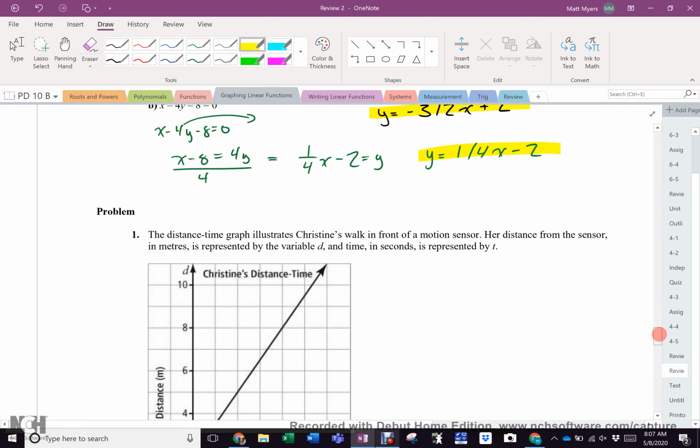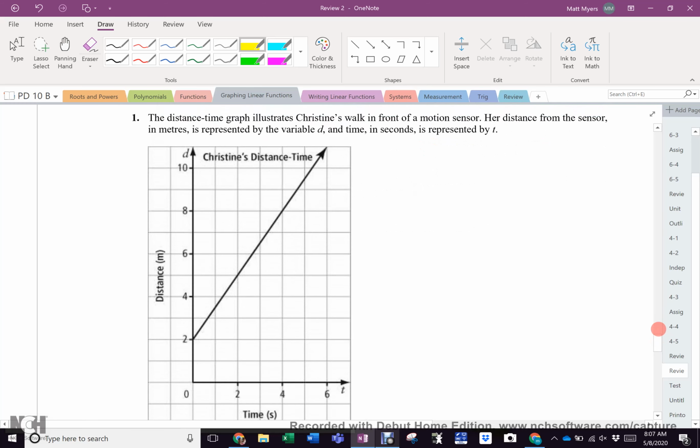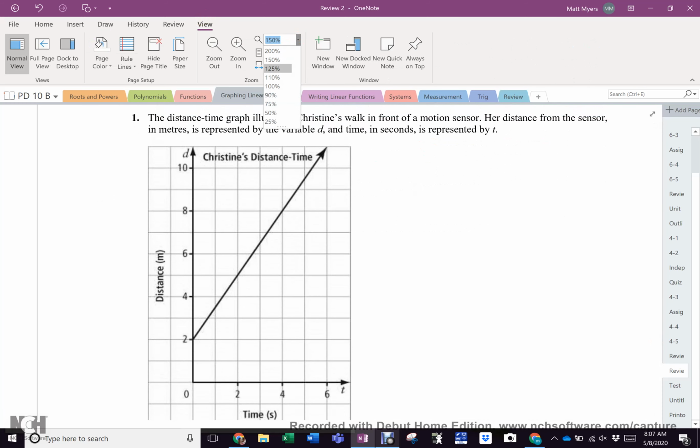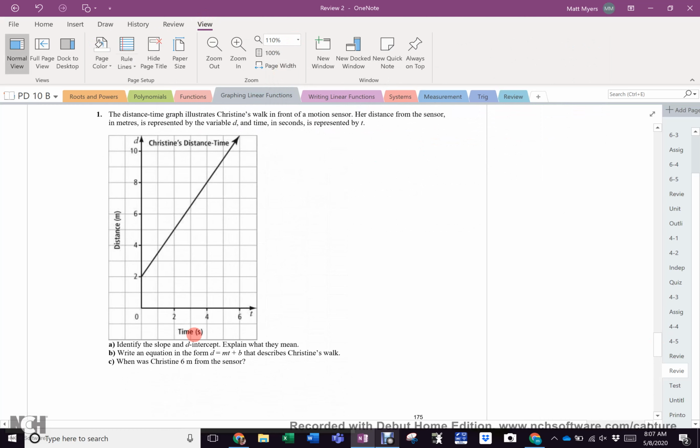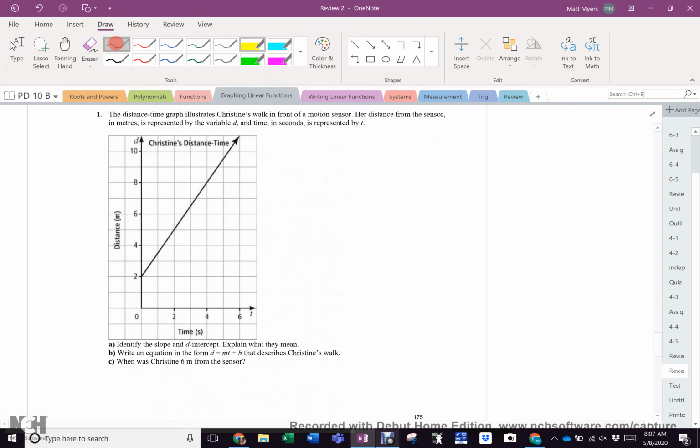And then over here for the problems, I'm going to shrink it down a little so you can see it all on one page. Oops, still a highlighter. A. Identify the slope and the d-intercept and explain what they mean. Almost nobody did that. The d-intercept is 2.